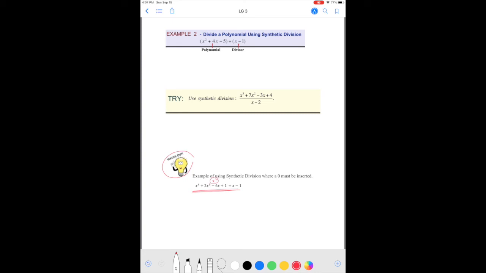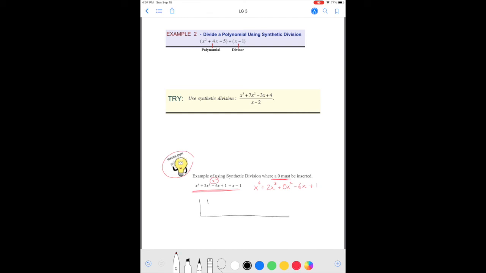So you must put zeros in to get it right. So I would rewrite this as x to the power of 4 plus 2x cubed plus 0x squared minus 6x plus 1. Okay? So now I can do my synthetic.